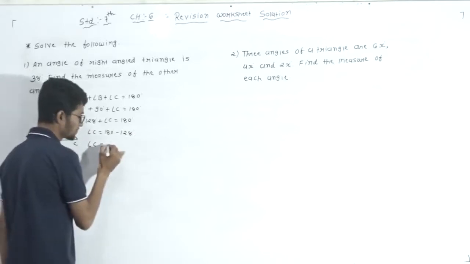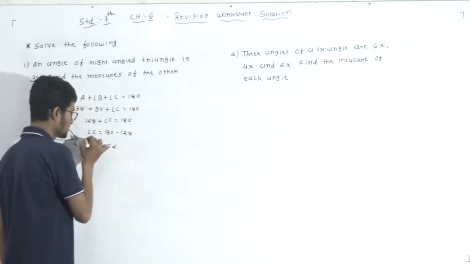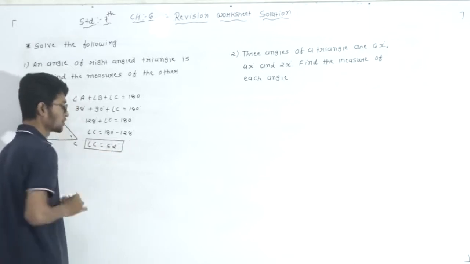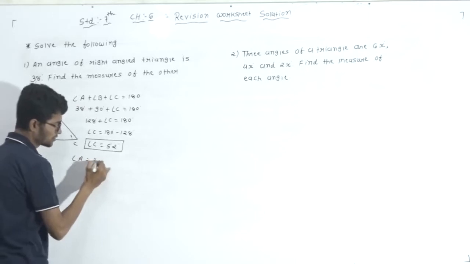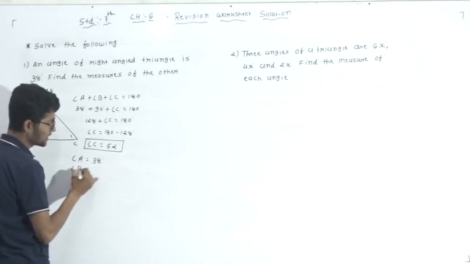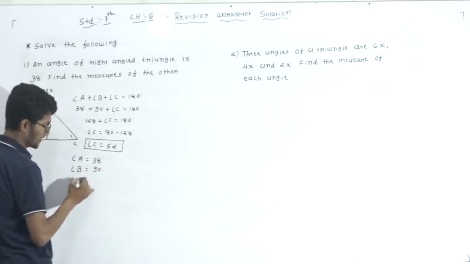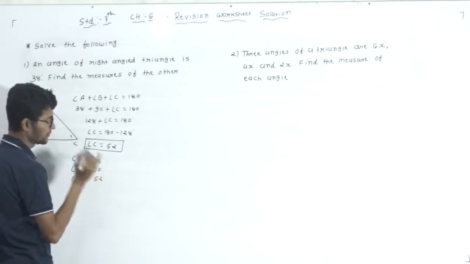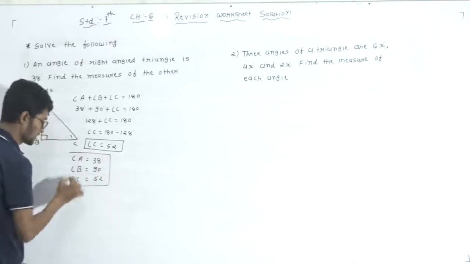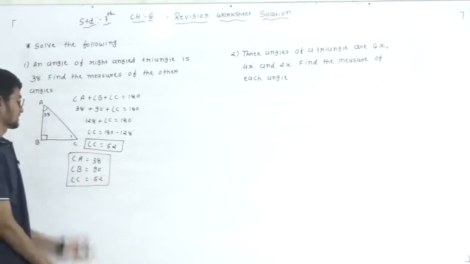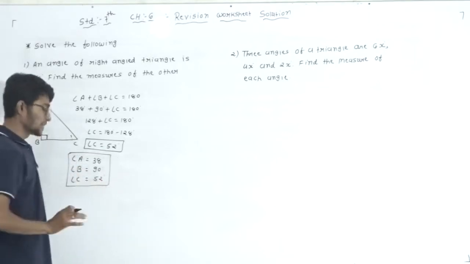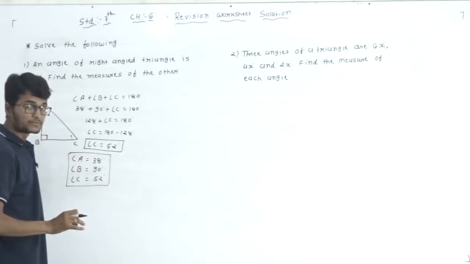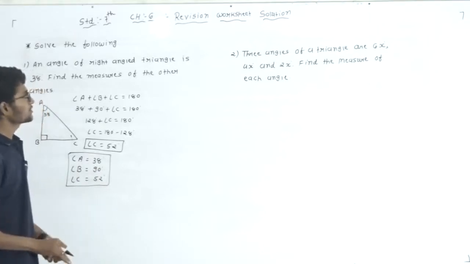So our answer is 52. This means angle C is equal to 52. So angle A is 38, angle B is 90, and angle C is 52. So this is our first question and answer. If you add these three angles, the answer is 180. Okay, now to our next question.